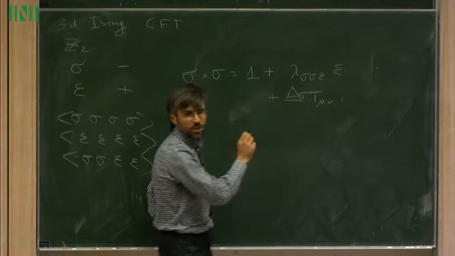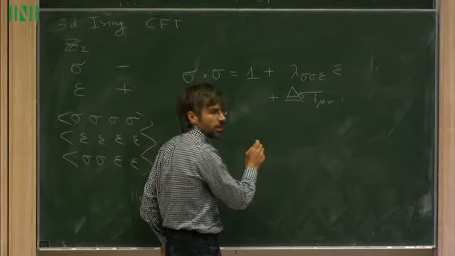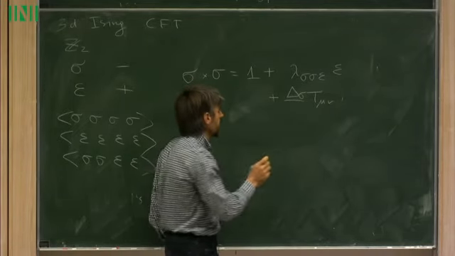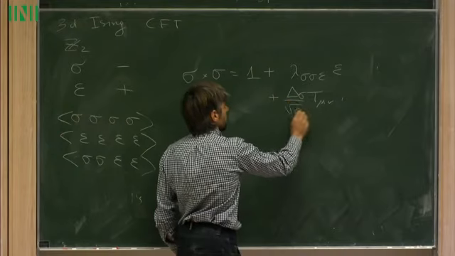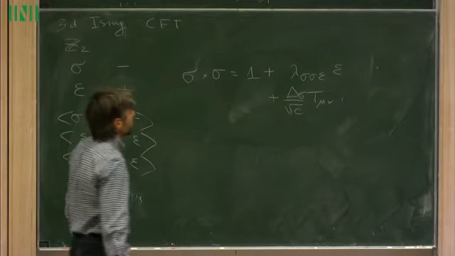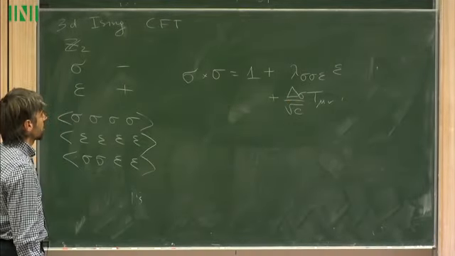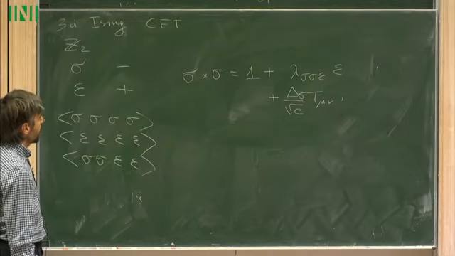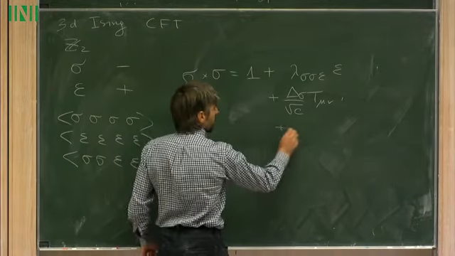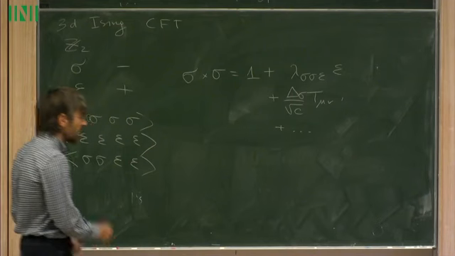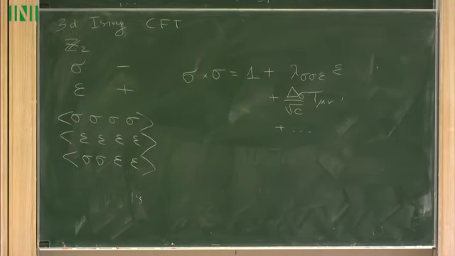There is some Ward identity here, not unlike the one that Vieri was talking about. But there are going to be infinitely many other terms, and when you do the analysis, you allow for all these terms to appear.